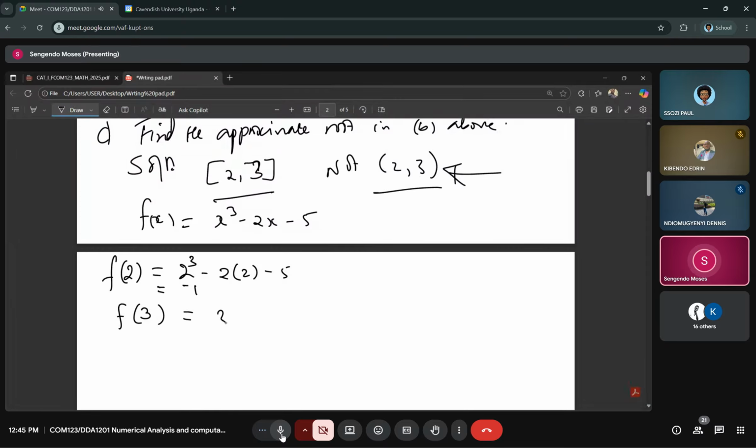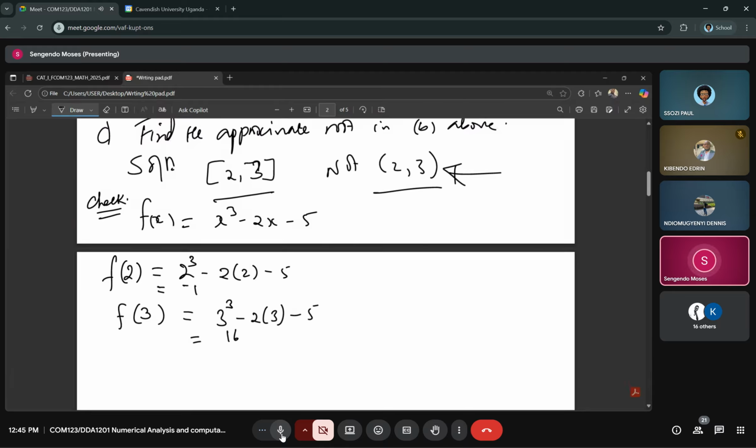This gives us 3^3 minus 2 times 3 minus 5. We have 27 minus 6 minus 5. That gives us 16. Actually, we are supposed to write check, because we are checking what happened.